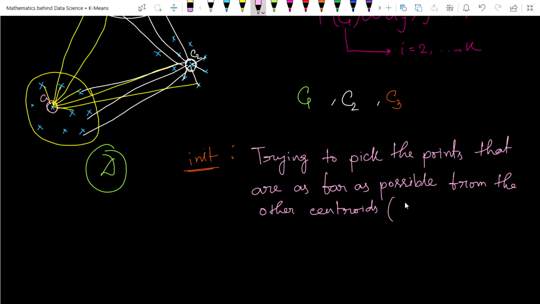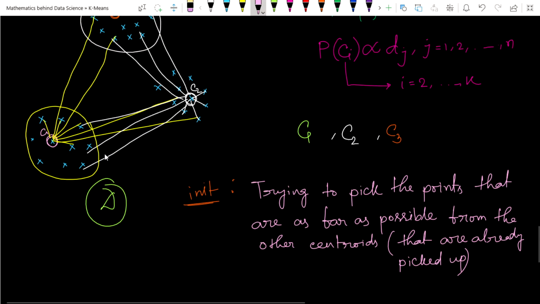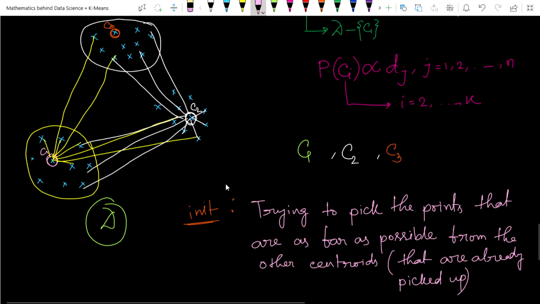Other centroids means those that are already picked. That's the thing we have to remember. When picking a point, try to pick points that are as far as possible from the centroids already picked. Okay, this is what we have to remember when picking the centroids.